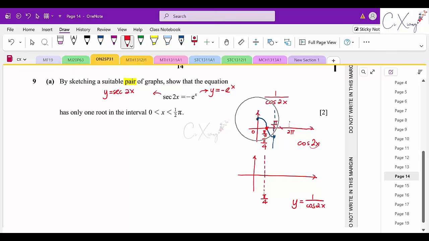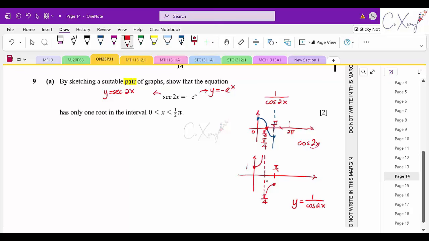This maximum point will become a minimum, so it will continue to go upward. Alright, so for this part of the graph, I'm having it as a 1 here, then you keep going upward. Then at pi over 2, which originally is a minimum point, it will become a maximum point. So your graph should go upward like that.